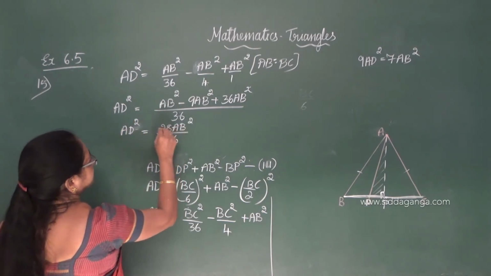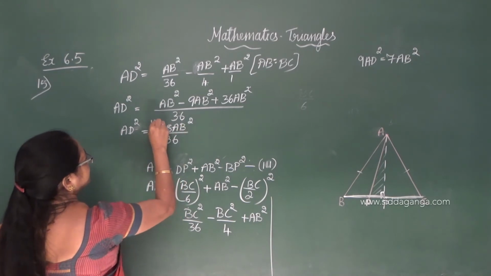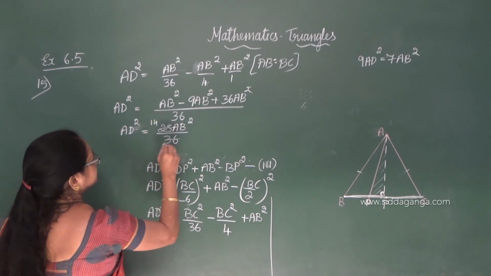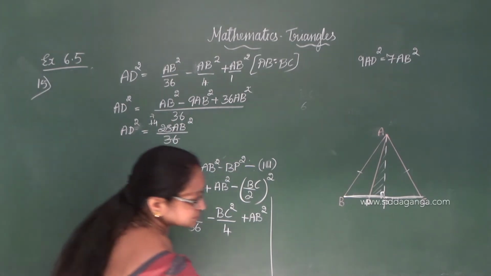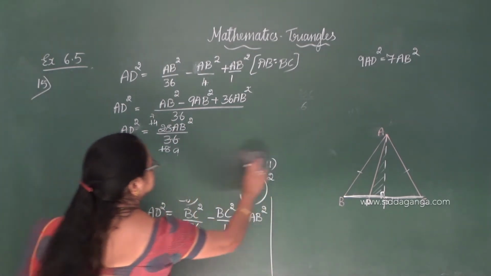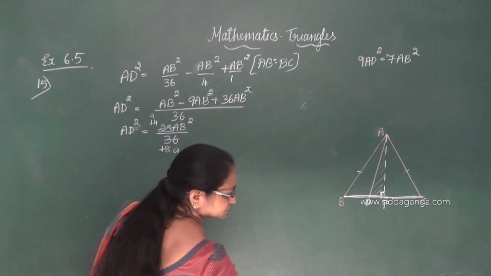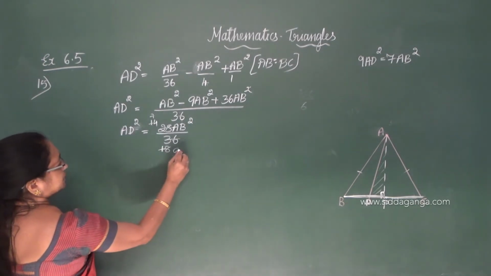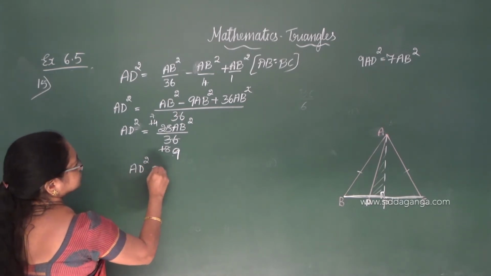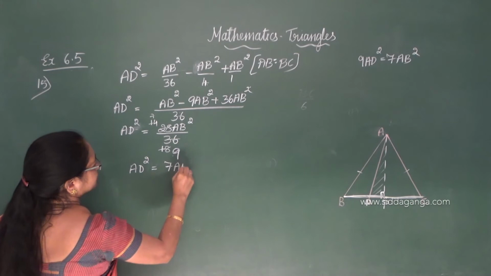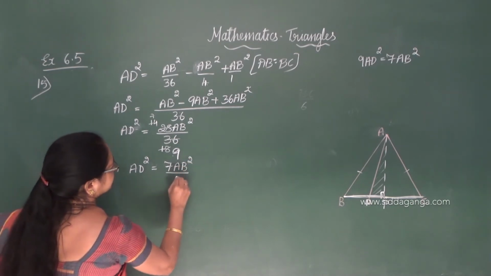Now, try to cancel here. 2 1s are 2, 2 4s are 8, 2 18s are 36... 4 7s are 28, 4 9s are 36. So, what remains? Cross multiply. This is 9. So, we will get AD square is equal to 7 AB square by 9.